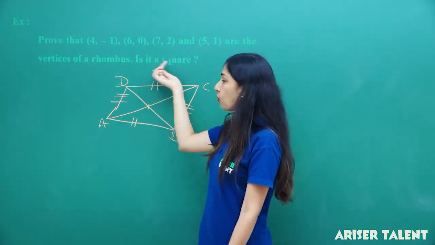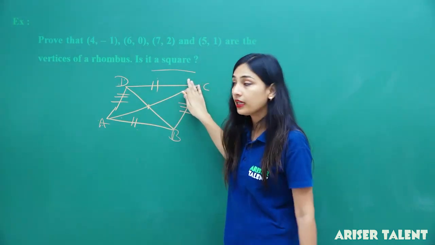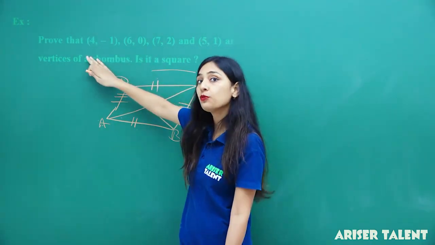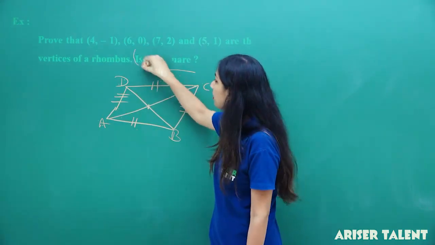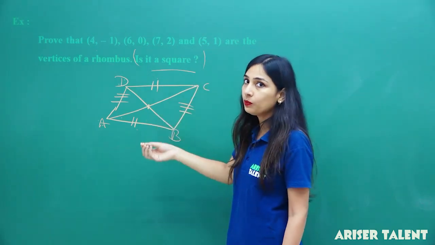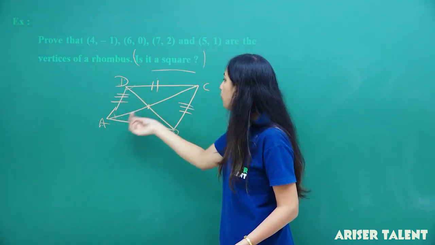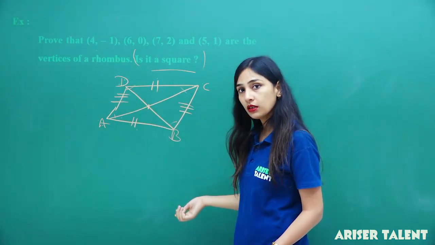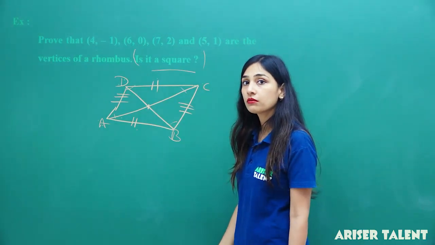Now, is it a square? The question is this only, we have to prove it. Now the question is, is it a square? A rhombus is a specific category, when these four angles of the rhombus are equal, these four angles equal to 90 degrees, that particular rhombus is what?